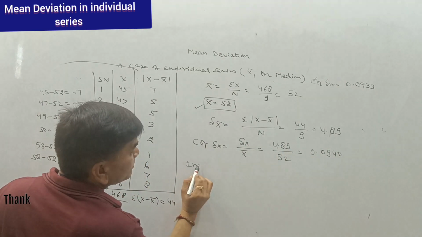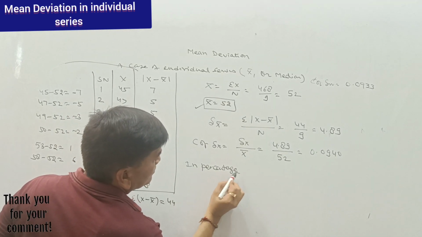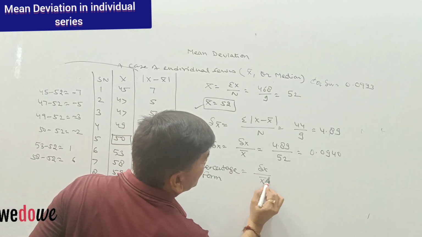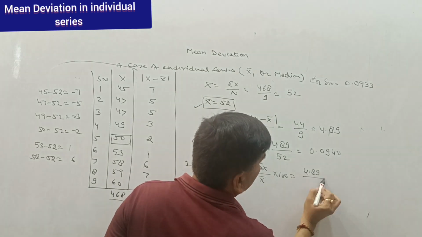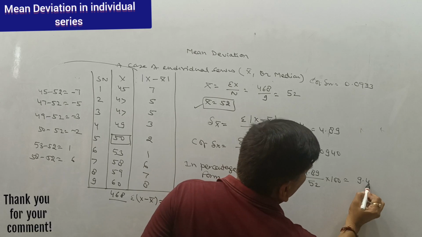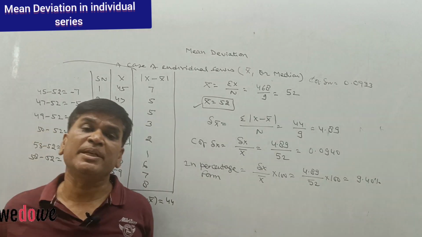In percentage form, the mean deviation divided by x bar multiplied by 100, that is 4.89 divided by 52 multiplied by 100, which is 9.40. So we have calculated two mean deviations.